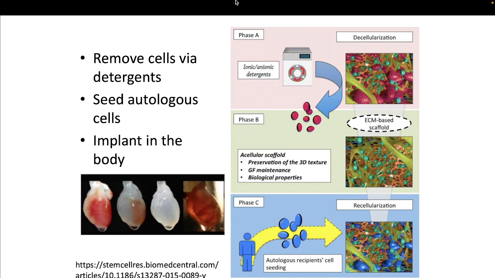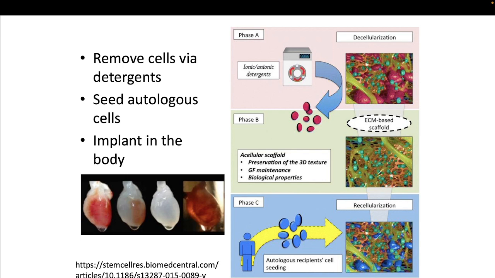Whenever you have a donated organ and your patient needs an immediate transplant, even if the donated organ is from a human body, it can still lead to a lot of rejection because it's still a foreign material. One way to minimize this immune rejection, the graft rejection, is to decellularize the organ.